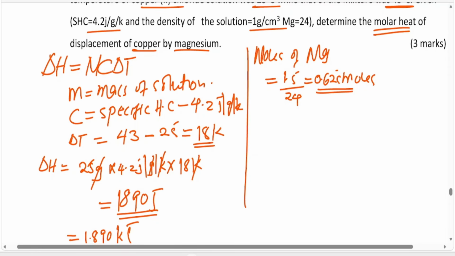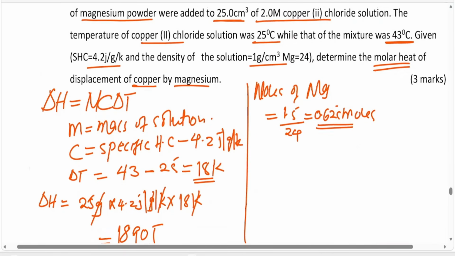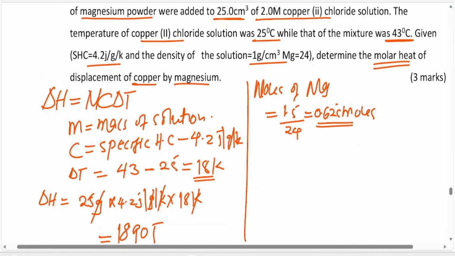When I determine the moles of the solution, that is copper 2 chloride, if 2 moles were in 1,000 cubic centimeters, I ask myself, what about 25 cubic centimeters? I'll get 25 times 2 divided by 1,000, which gives only 0.05 moles.